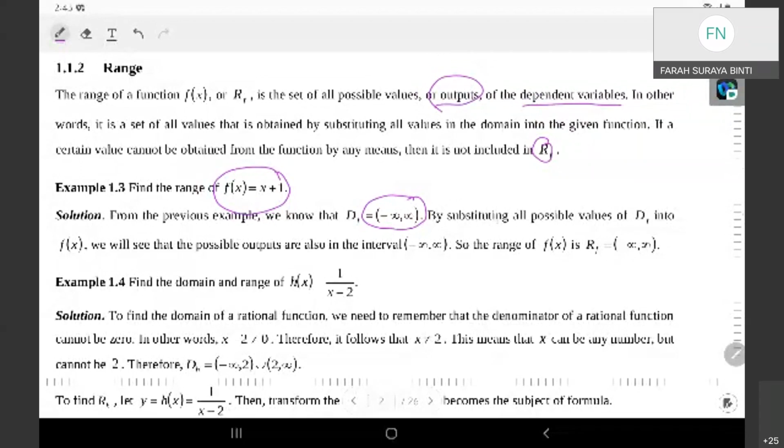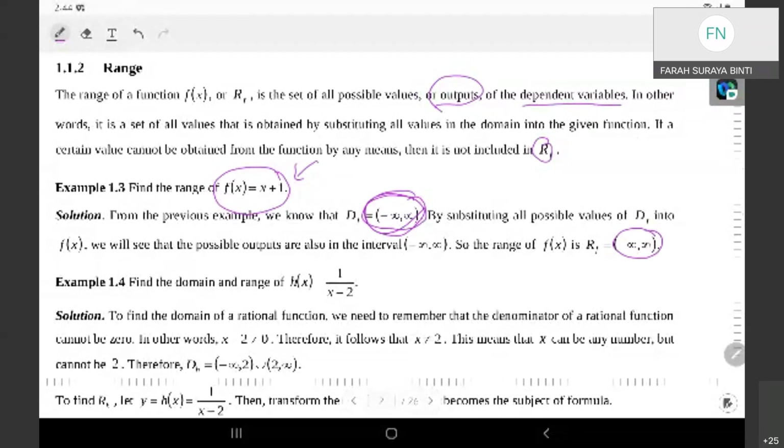So, by substituting all the possible values of this domain, antara negative infinity until infinity, kita substitute all these values into this function. Okay, we will see that the possible outputs are also the interval negative infinity until infinity. So the range is same with the domain.